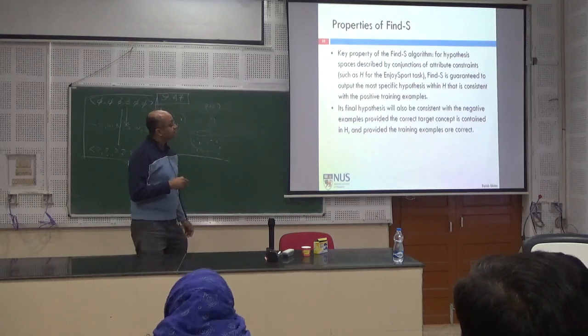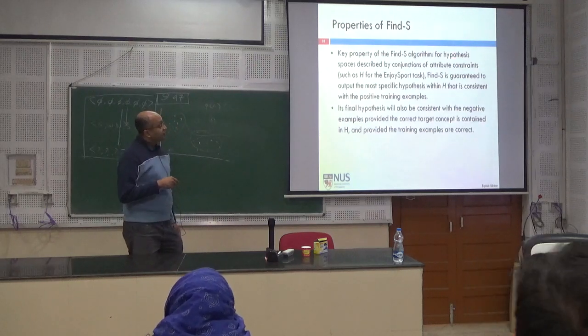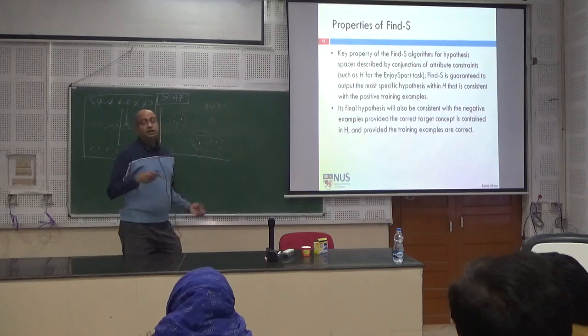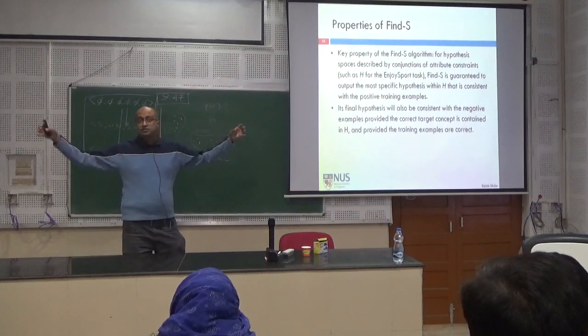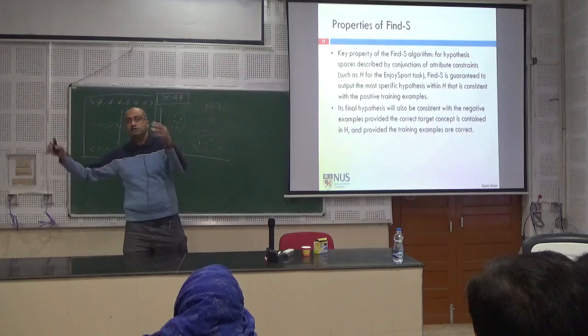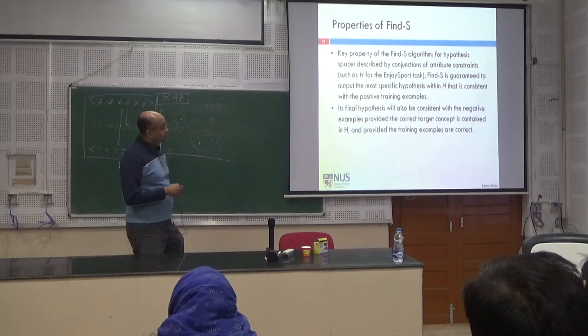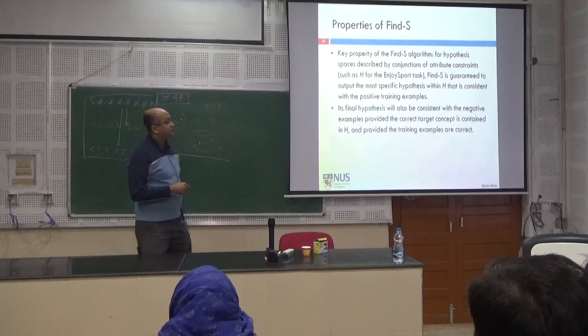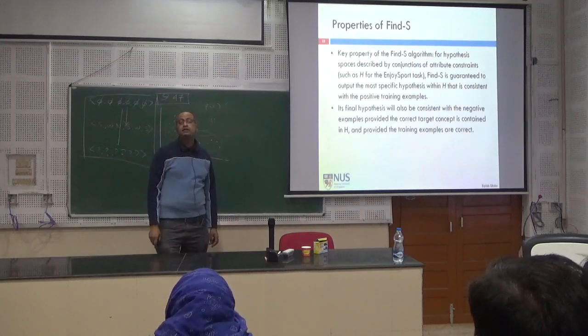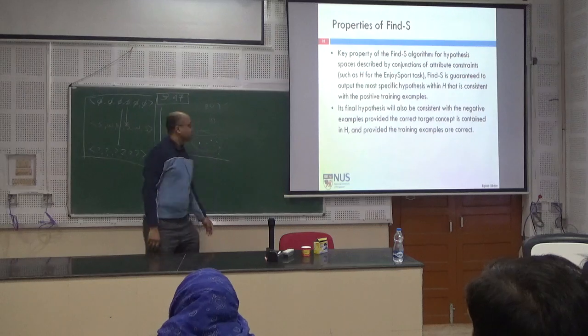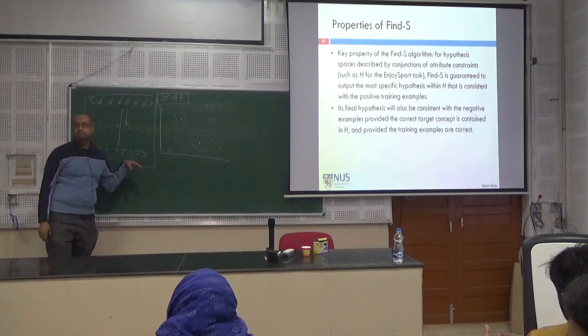So the key property is, for hypothesis spaces which are described by conjunctions, so and conditions between the attributes, this and this and this and this, right? What it does is, it's guaranteed to output the most specific hypothesis that is consistent. We are not worried about the lower side.